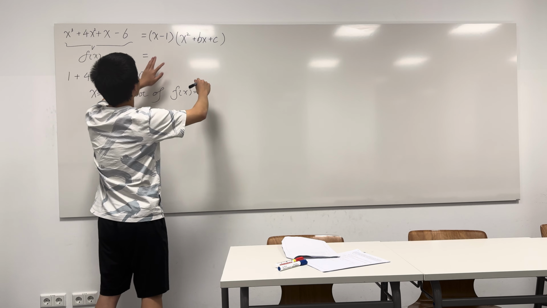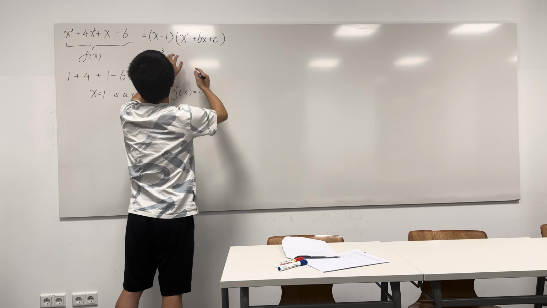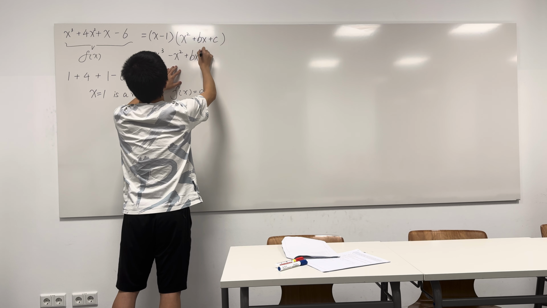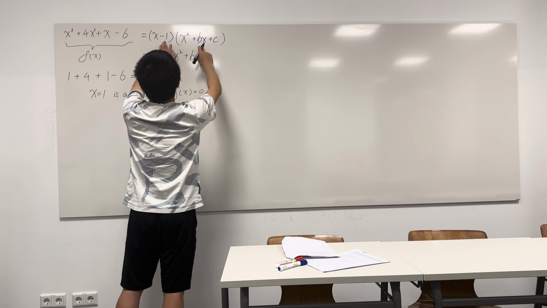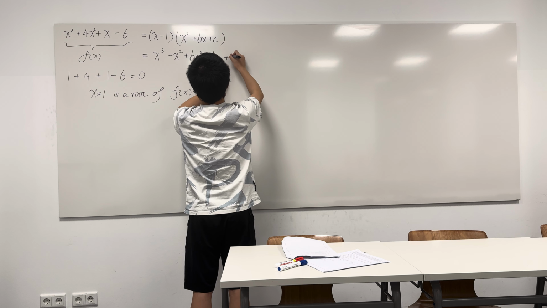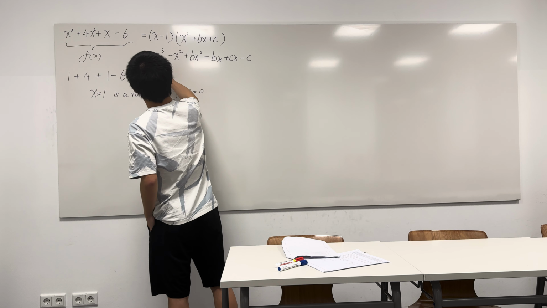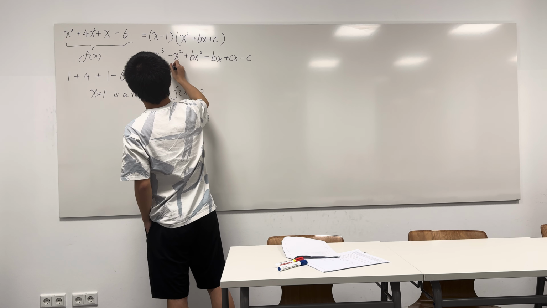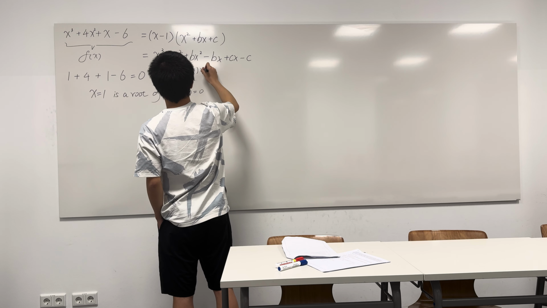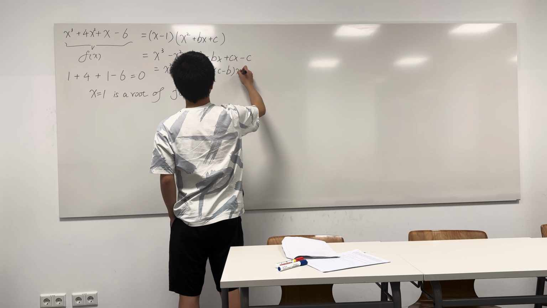Here is x cubed, then minus x squared, plus bx squared, then minus bx, plus cx, then minus c. Therefore it is x cubed plus (b minus 1)x squared plus (c minus b)x minus c.